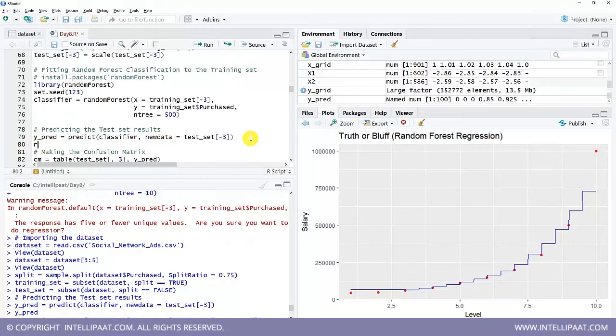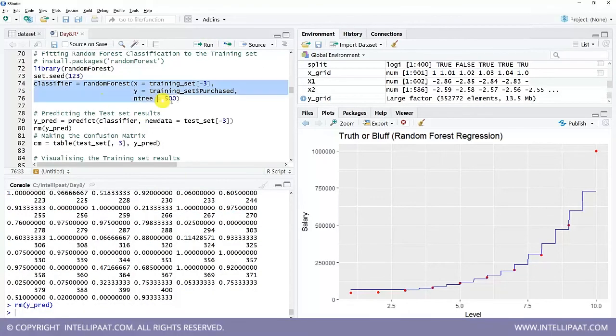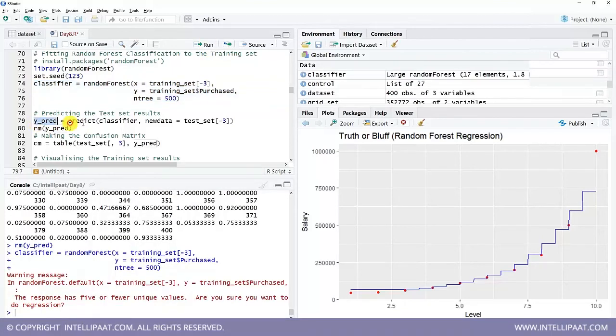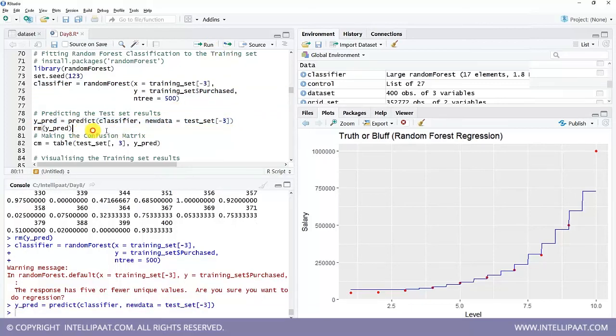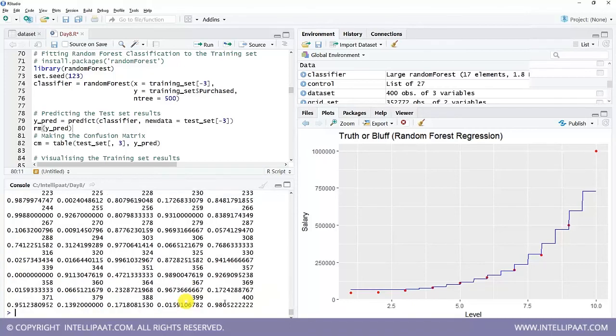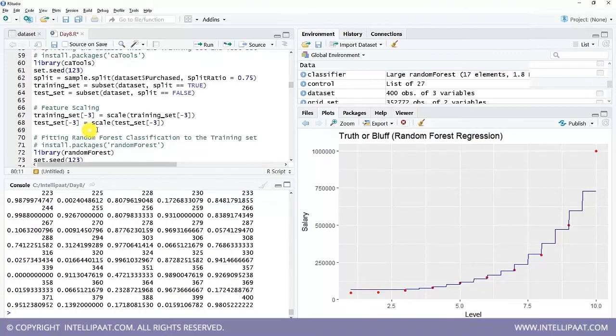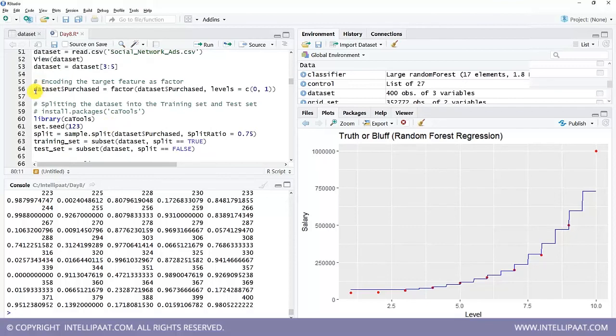Data is getting carried over from previous executions. Let me remove the data set. Now again, I generate the classifier and I start doing the prediction now, y_pred. So now again, what we do is something on this.